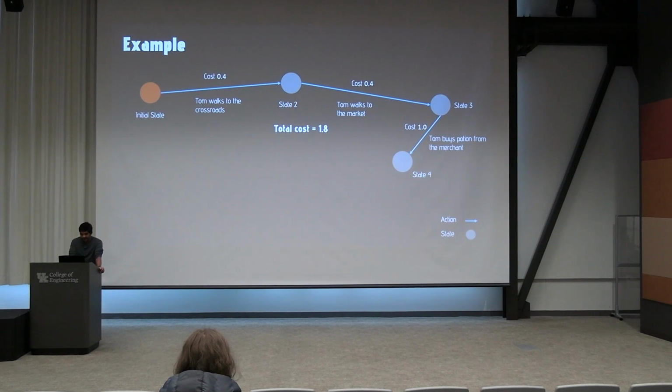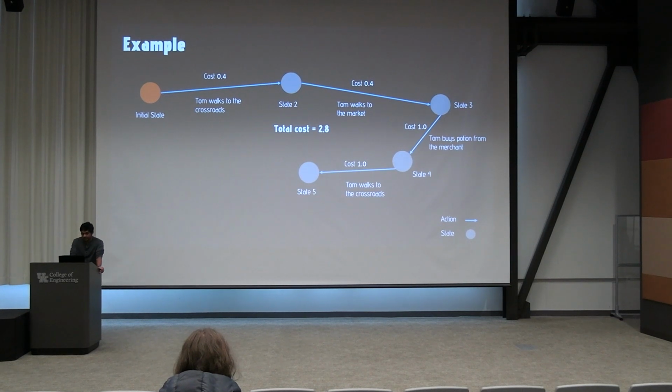The next action is Tom buys potion from the merchant. Here, in order for Tom to buy a potion, Tom needs to be at the market. Hence, Tom walks to the market is now causally necessary, and we discount it, and now the total cost is 1.8.